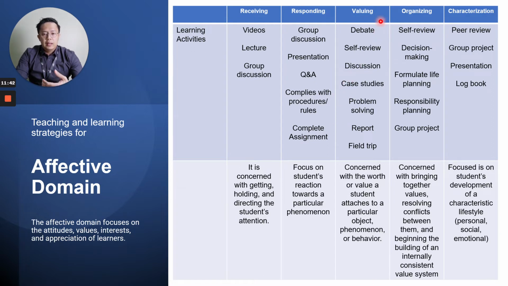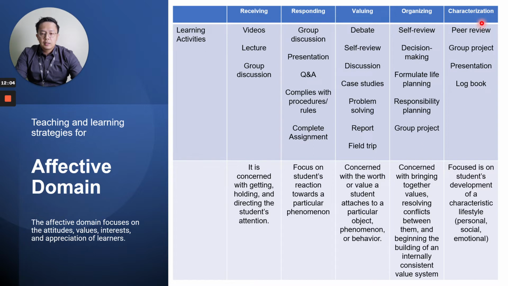For valuing, you ask them to do a self-review, a case study, problem-solving questions, a report, or you conduct a field trip, so that students are able to value a particular object or phenomenon. For organizing, you can ask them to do a self-review, decision making, responsibility planning, a group project, and so on and so forth.